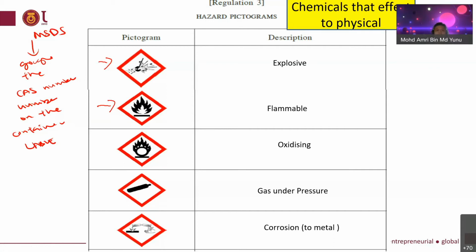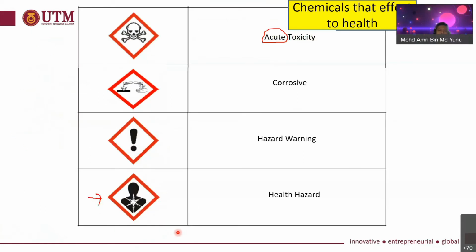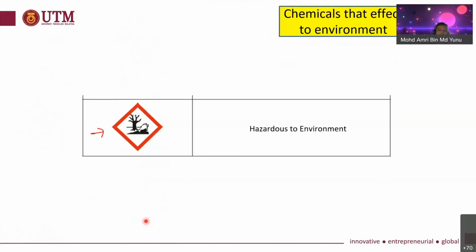So that's the pictogram meaning. For example, this one on the top shows explosion, and flammable, and this is oxidizing, gas under pressure, corrosion, and health hazard, a shadow with an X or asterisk in the center, and the environment.